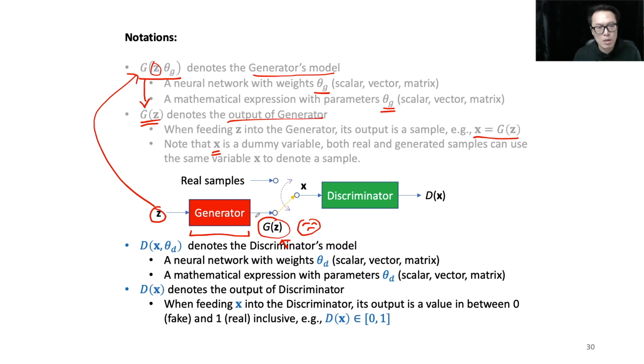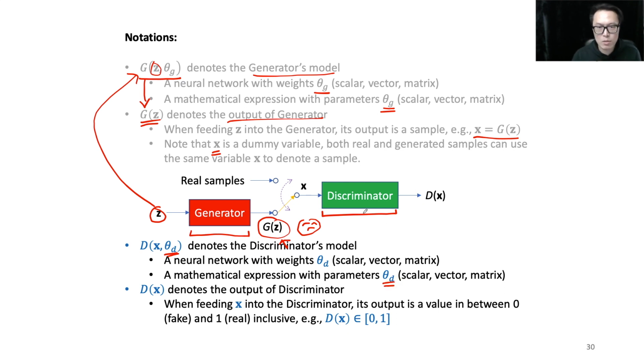Now when we talk about the discriminator, we still have a mathematical function, D(x, theta D). Theta D is the parameters. Again, if we are going to use a neural network, theta D is the connection weights. If we use any mathematical model, theta D is just a collection of those parameters.